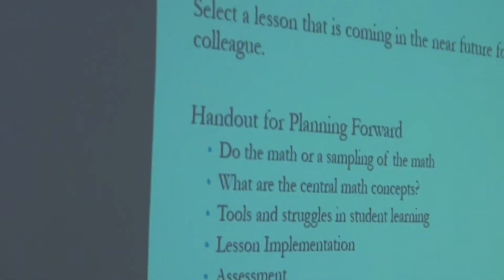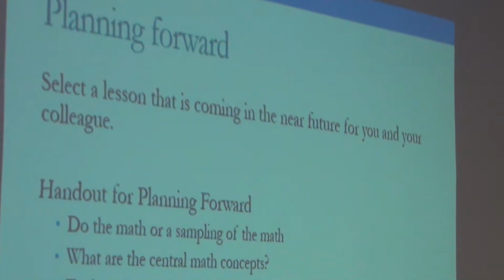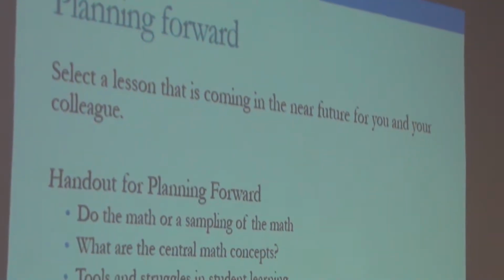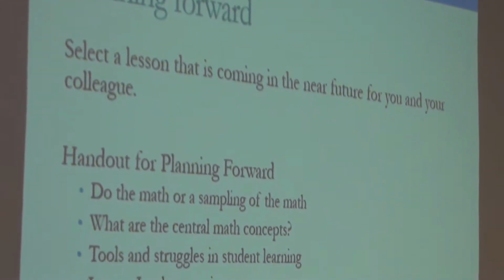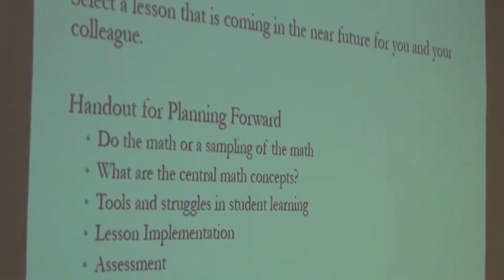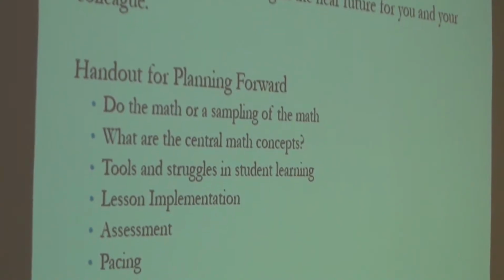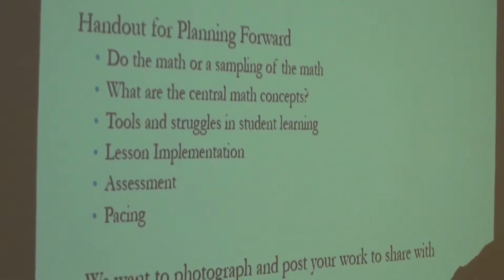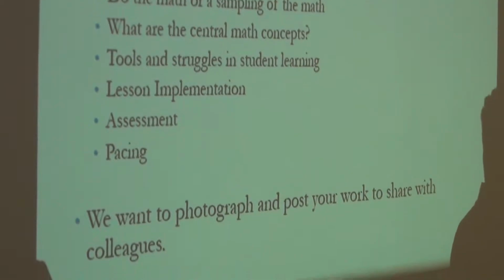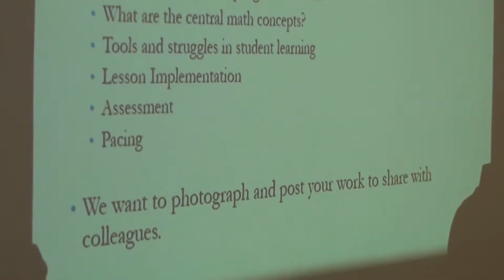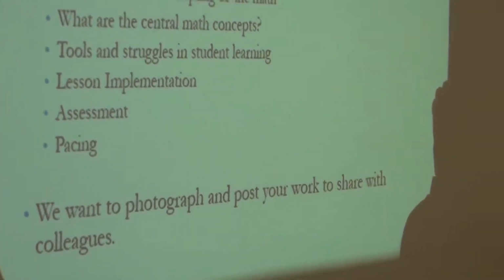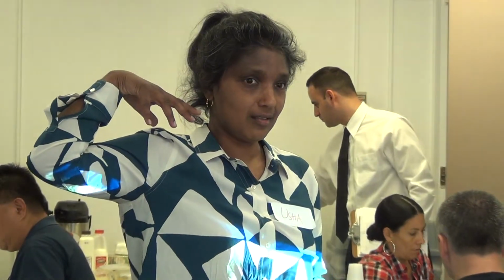Okay, planning forward. What we want to do right now is, I'm trying to think about whether groups of 3 might be more useful. I'll let your table decide. If you want to actually make this groups of 3, we have a lot of tables with 6 at it, okay? So, here's what I'm going to be asking you to do. We took some time to have you talk about a lesson you taught yesterday, right?